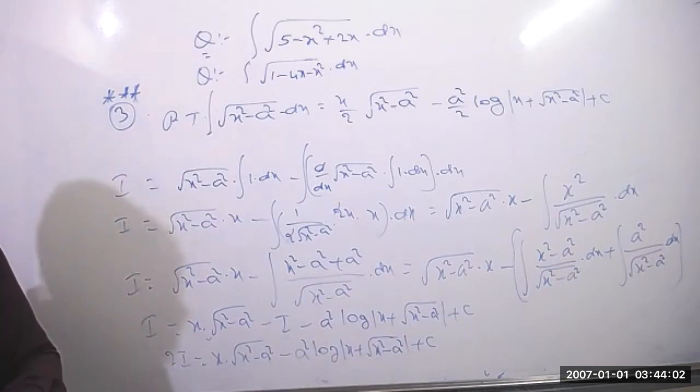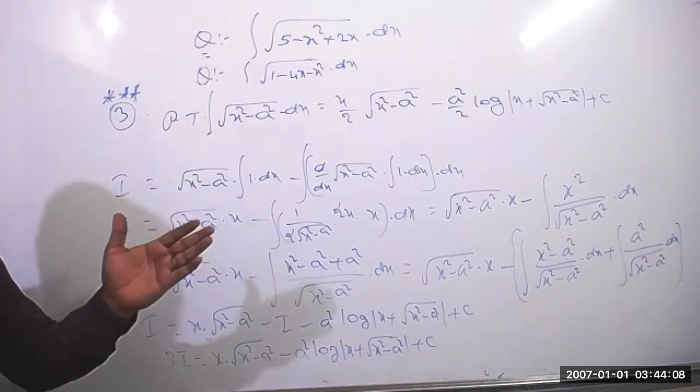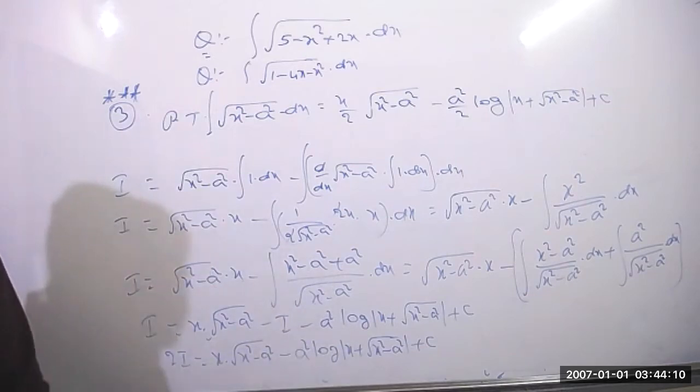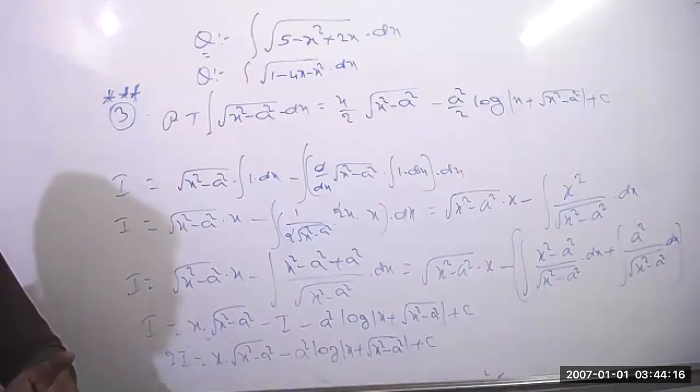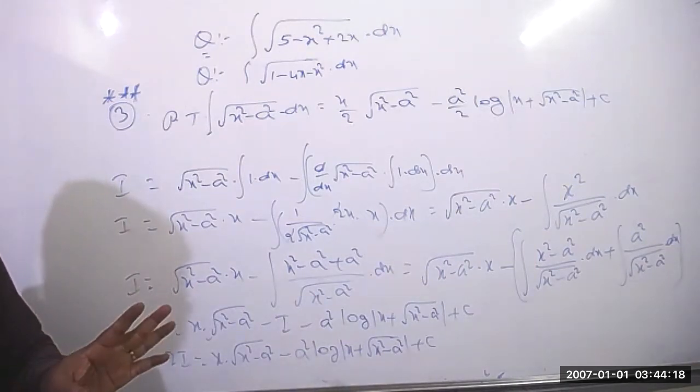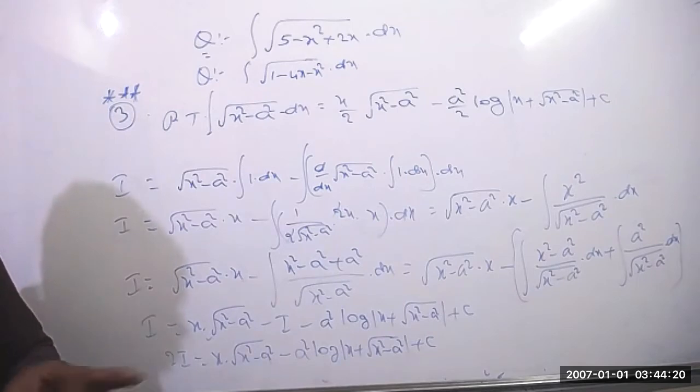That's all. They'll ask it for 3 marks. With the proof, compulsorily they'll ask for 6 marks. But for PU students, 100% you will get a problem from this model in the examination for 5 marks. 100%, no doubt at all.